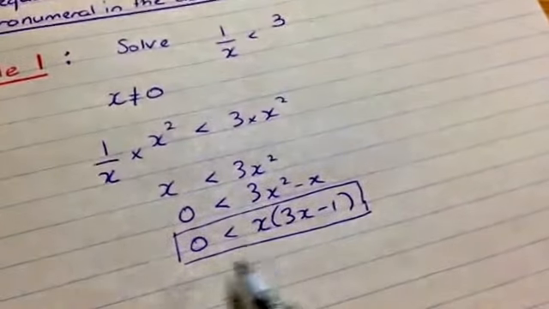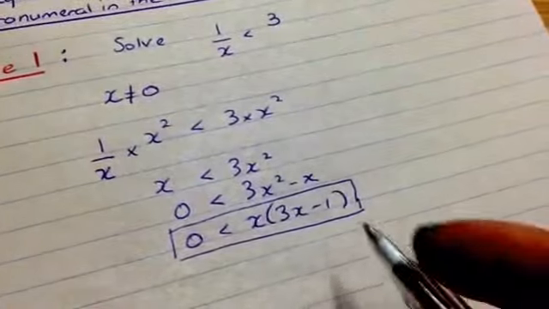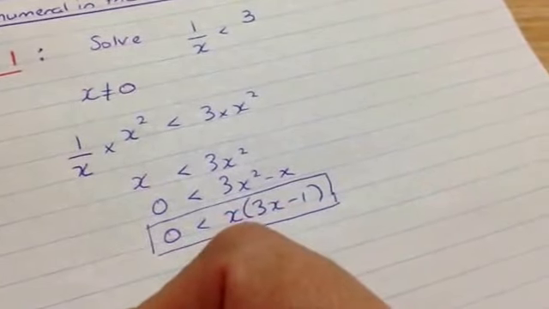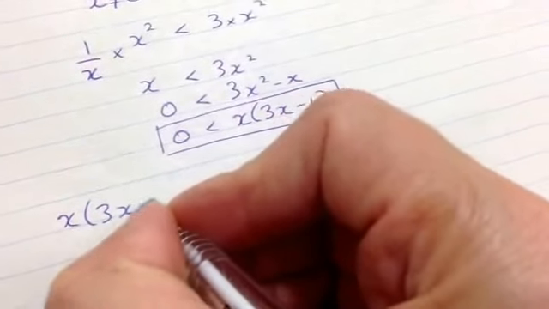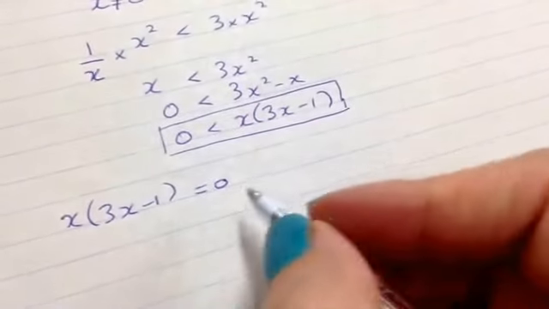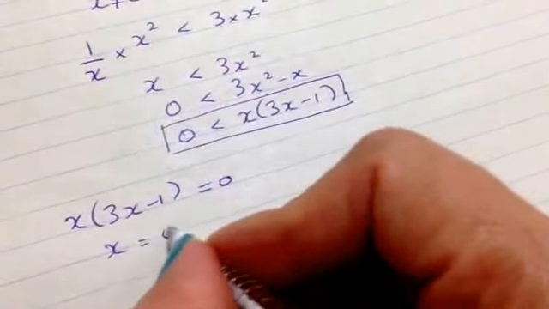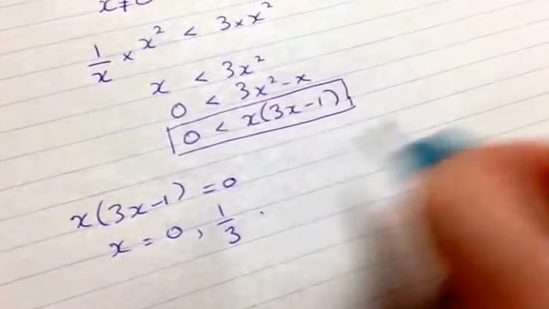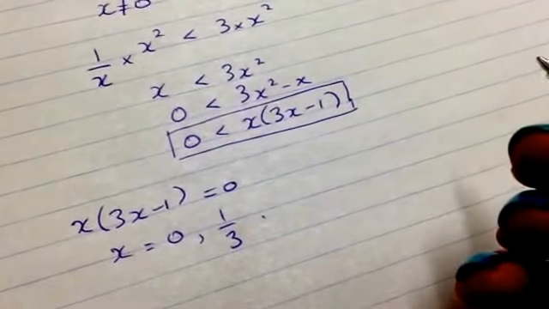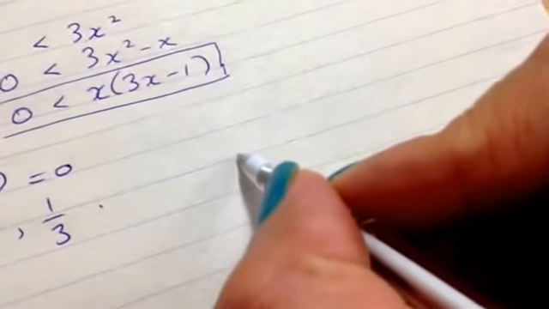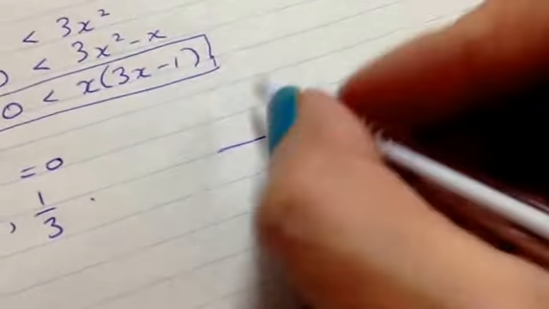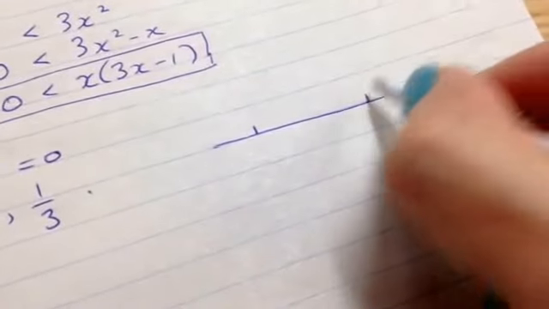And let's solve this quadratic inequation. You're going to solve 3x minus 1 equal to 0, and you'll get x equals 1/3. And then you just simply place that on a number line. So you've got 0, you've got 1/3.